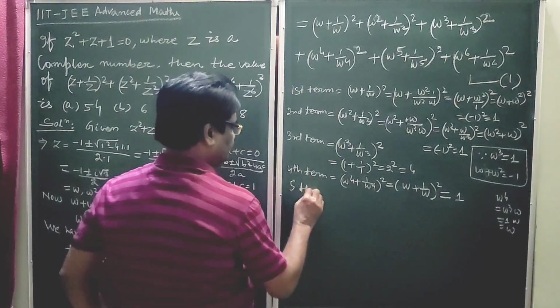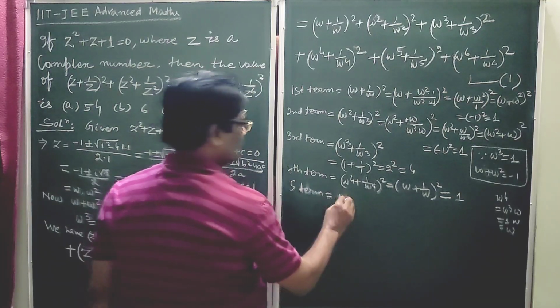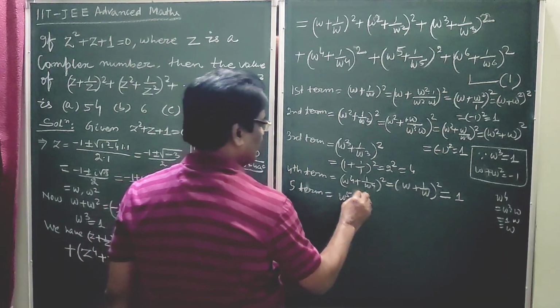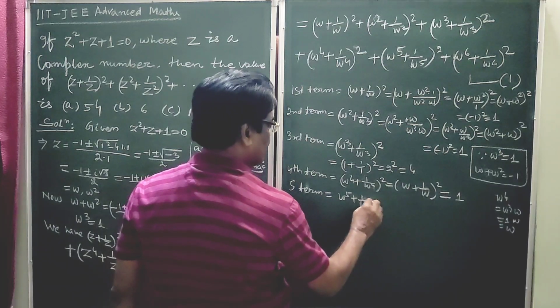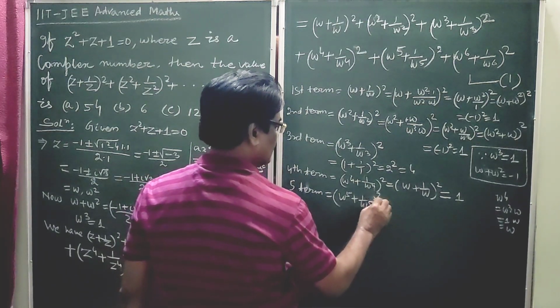Fifth term. This is equals to (omega to the power 5 plus 1 by omega to the power 5) whole square.